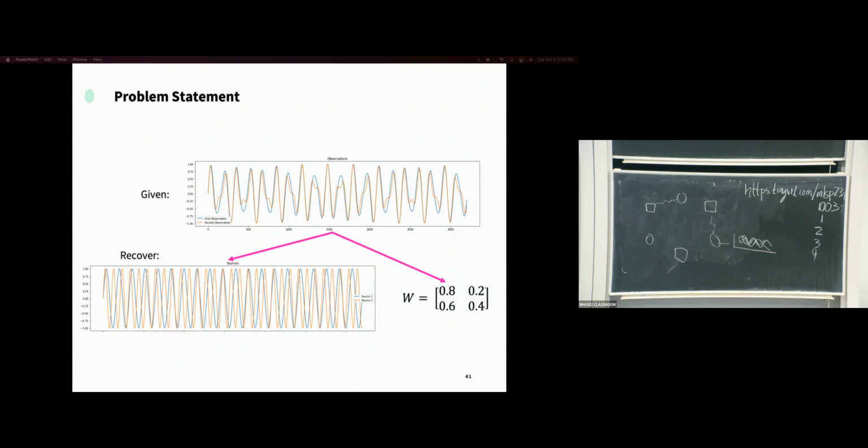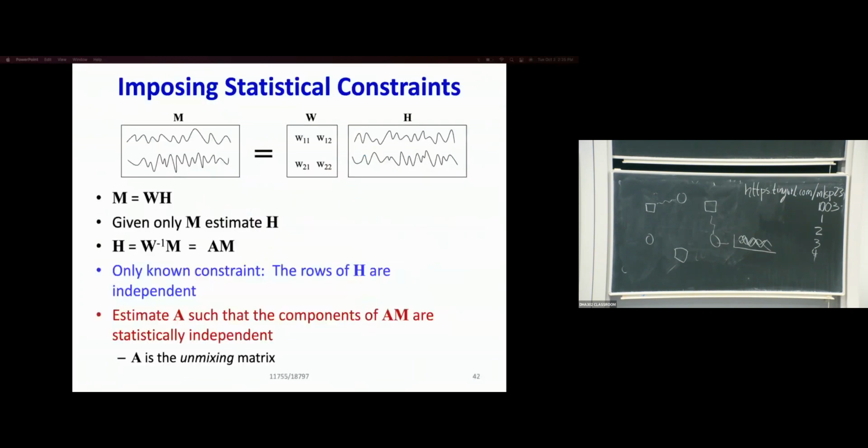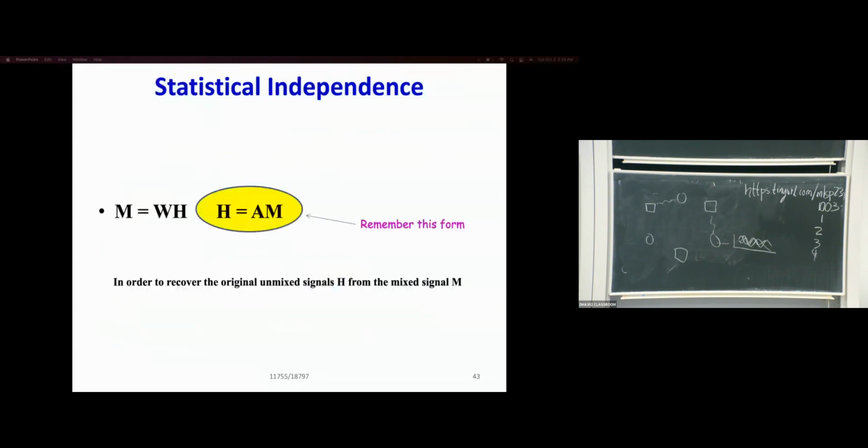That's what W is. You only care about independence here, so that the rows of H are independent. So A is the unmixing matrix. This lecture will be useful for your second homework, so make sure you review this after class.